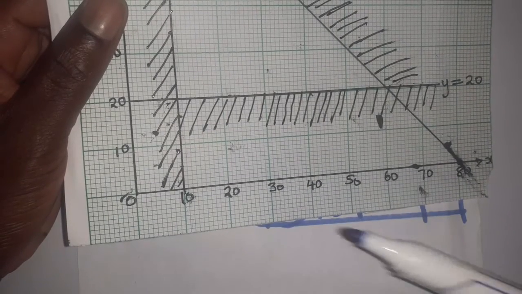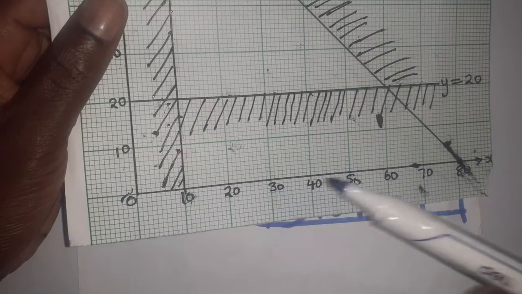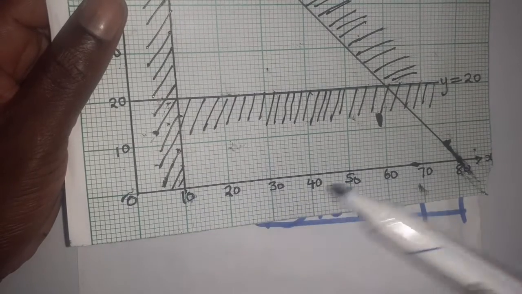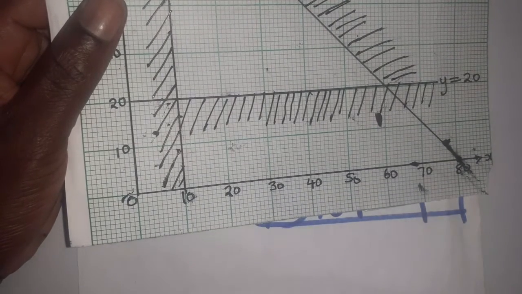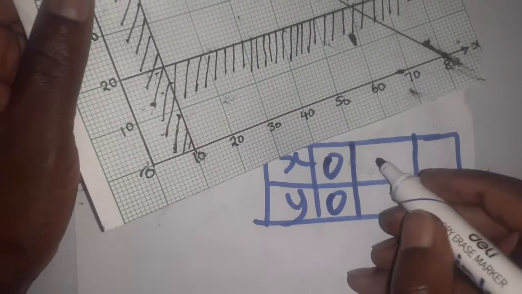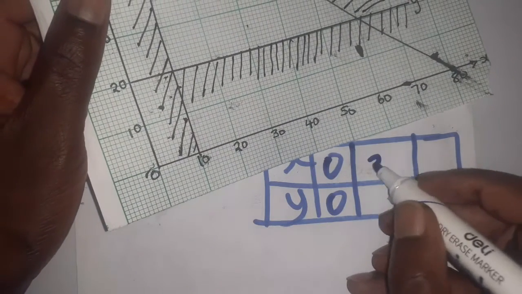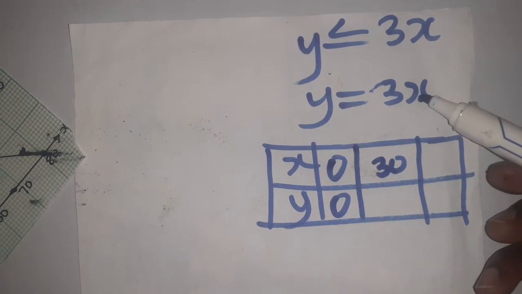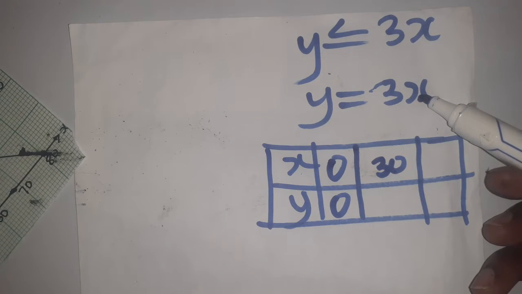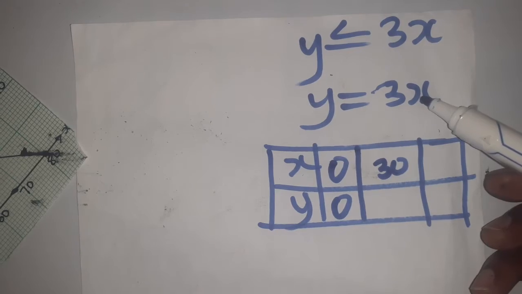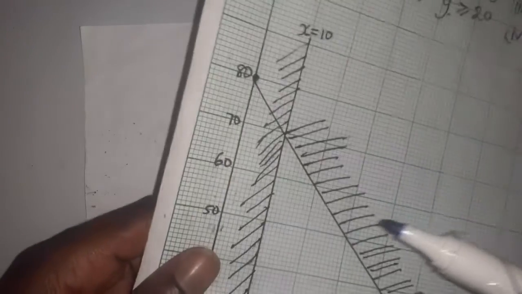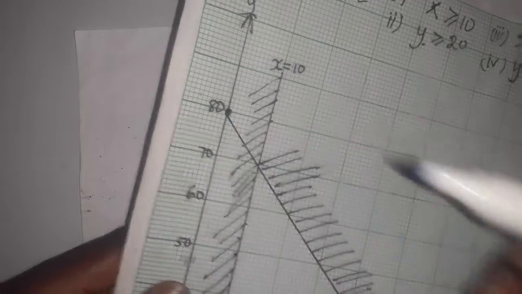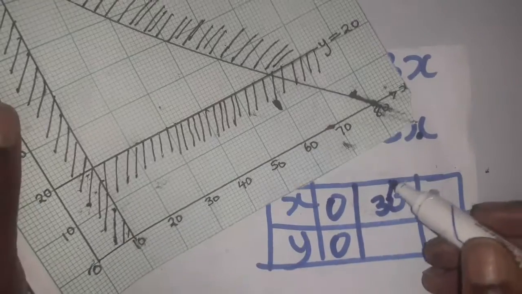If I pick 20 or 30 here, all these points lie on the same line. So if I pick 30 for x, that is going to give you 90. Now, when you come to the y-axis, you don't have 90. What does that mean? You need to reduce. You have to come down.